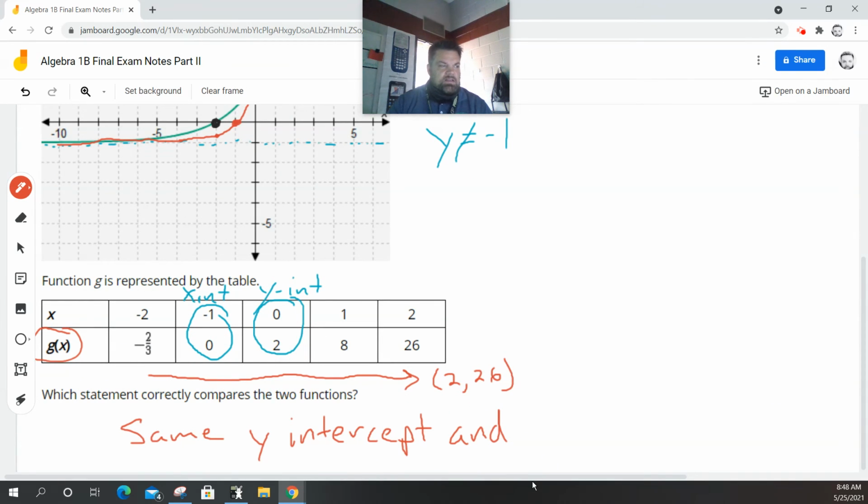And they have the same, in math we call it end behavior.